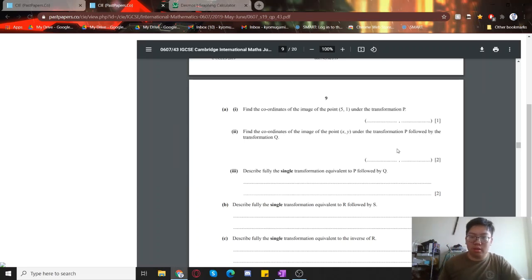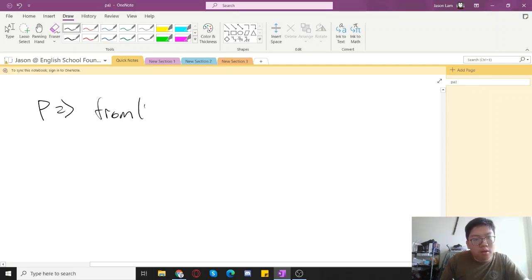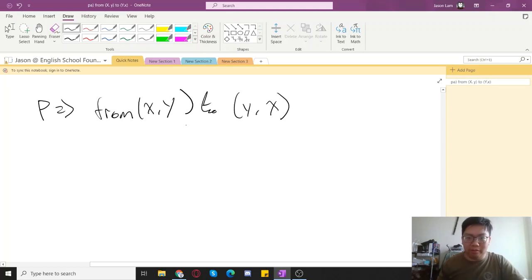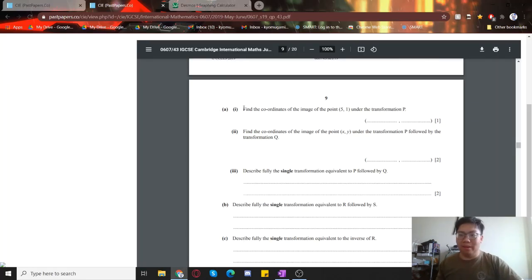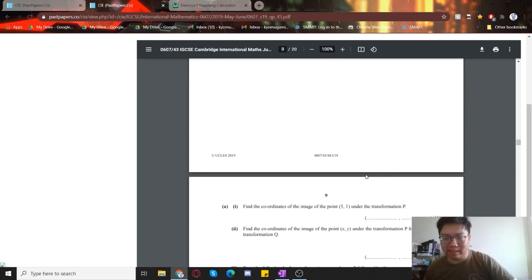So P takes x, y to y, x. Keep in mind these are still the same axes but with different values. This is a way of them to trick you.